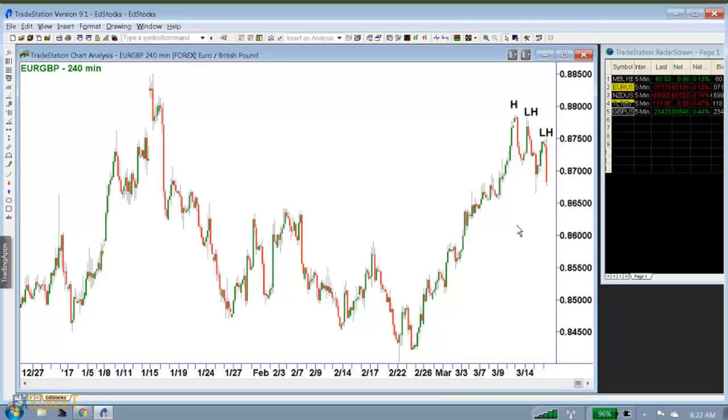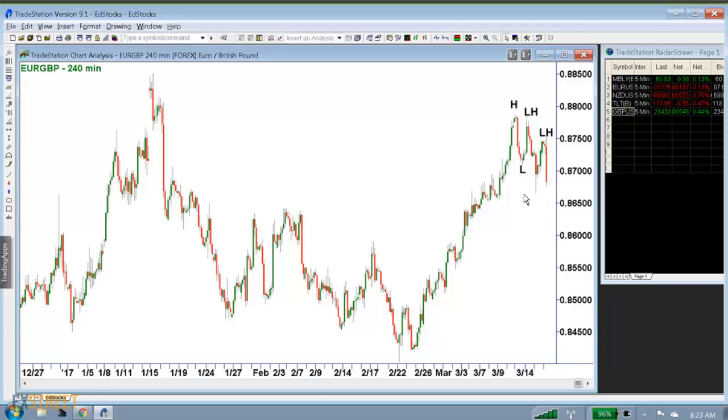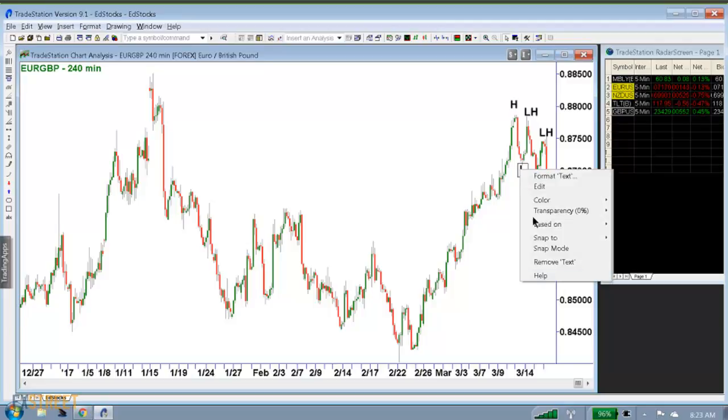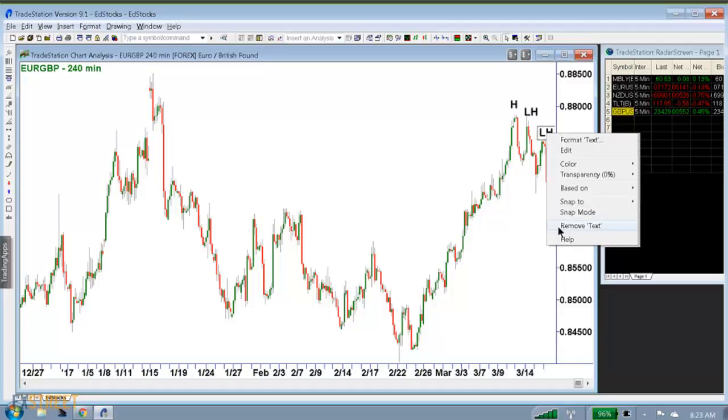That's a sign of weakness. There are also, this is a low, and a lower low. So within that context, you'd have to say it's a downtrend. It's not exactly a screaming downtrend. But I'd rather be short than long.